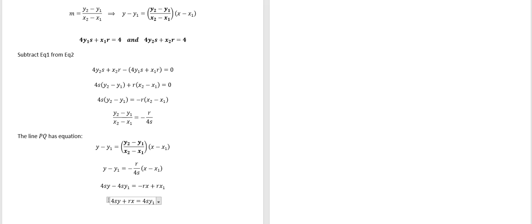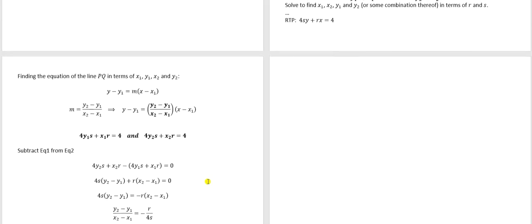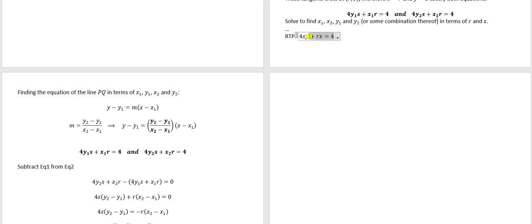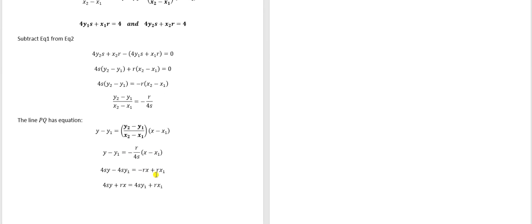4sy1 plus rx1. Remember what we're trying to get to is this: 4sy plus rx equals 4. And we have 4sy plus rx. So can we prove that this equals 4? Well, yes, we can. That was one of the equations we had. This one uses exclusively y1 and x1.